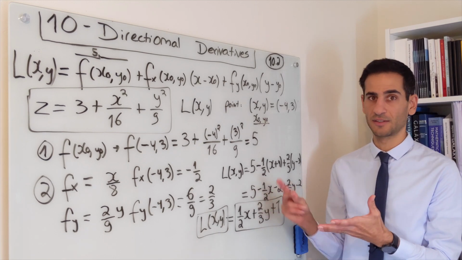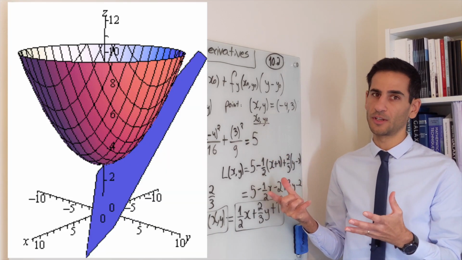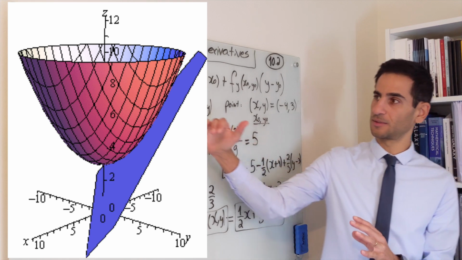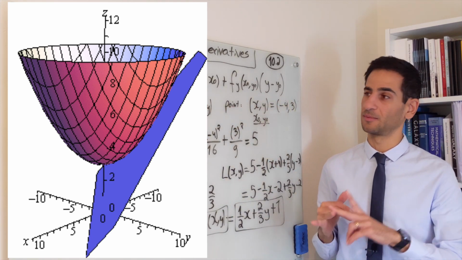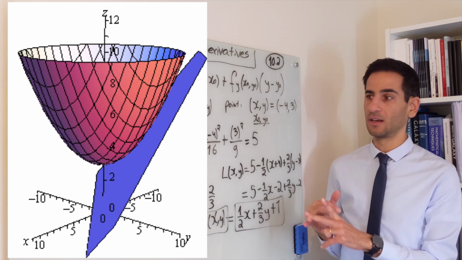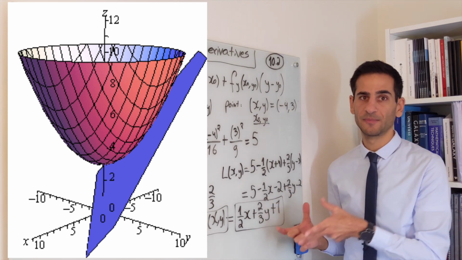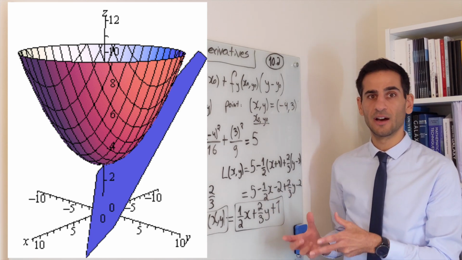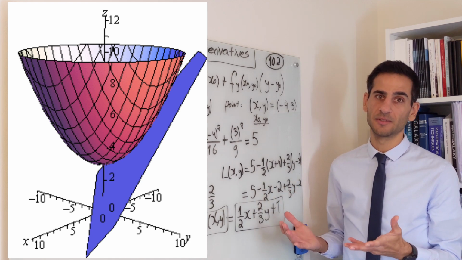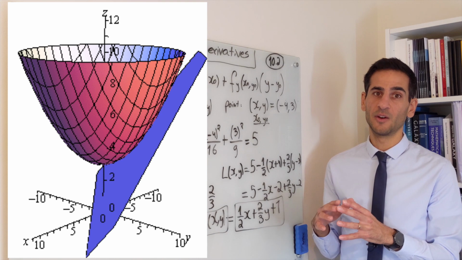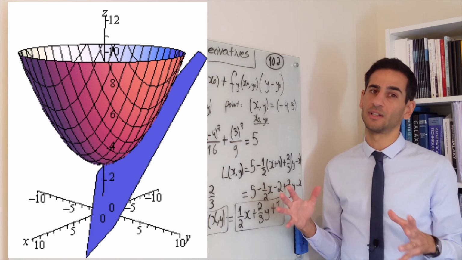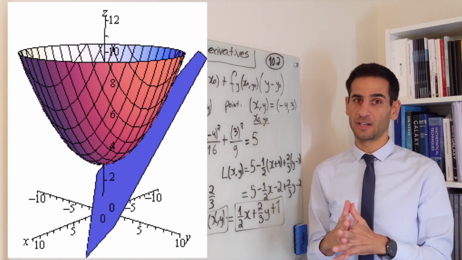In the lecture notes you can also see this, which is showing you the surface that's given by z equals 3 plus x squared over 16 plus y squared over 9, and also the tangent plane that we just determined, and how it is a relatively good approximation within the vicinity of -4, 3, but that once you go beyond that point, it becomes a very, very bad approximation.